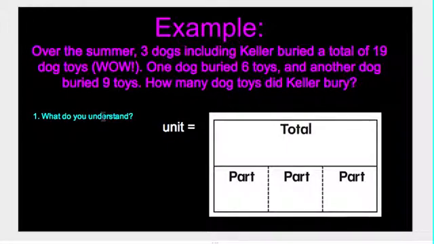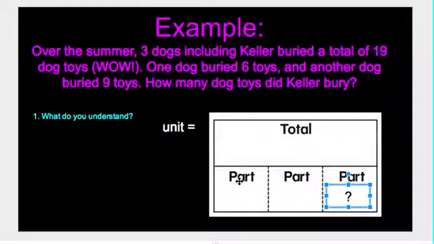What do we want to find out? We want to find out the number of dog toys that were buried by Keller. So, Keller's our third doggy here, so we're going to put a question mark in the part 3 box, because we have 3 dogs involved, right? It says 3 dogs, so we have 3 parts. Those 3 dogs are going to be our 3 addends, okay?